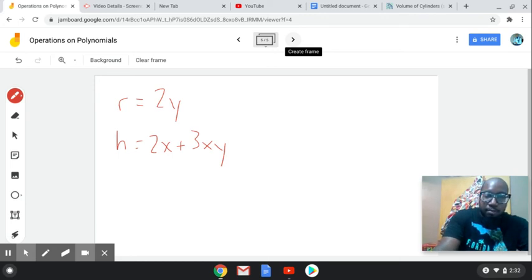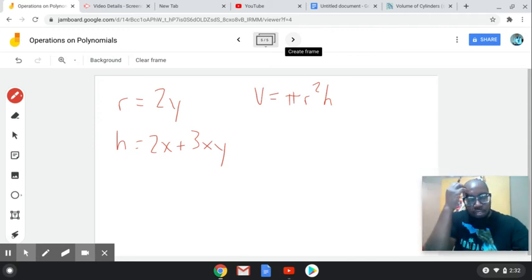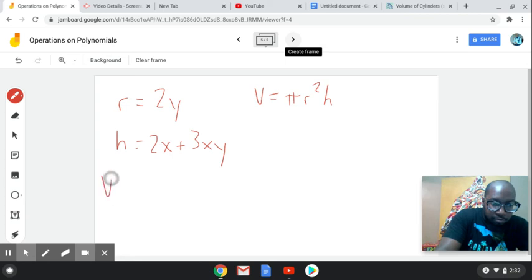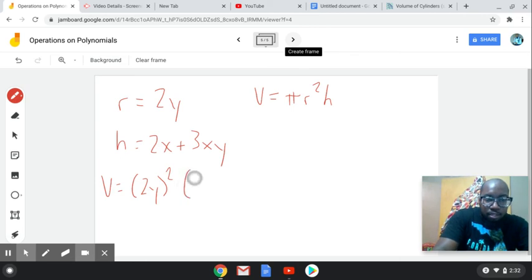Again, the volume is the same thing. This is going to be pi r squared times h. And again, we can move the pi to the back and distribute it later on. So the volume equals (2y) squared times (2x plus 3xy).